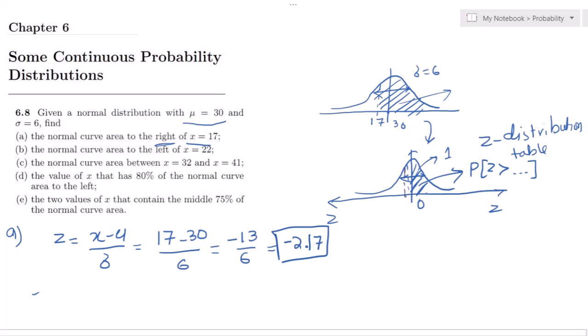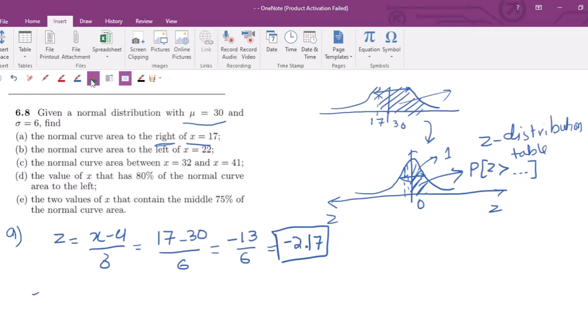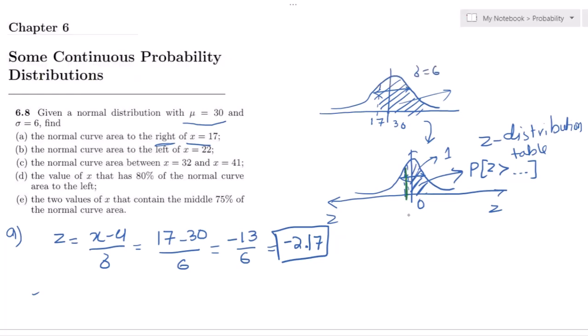Now this is the value of z. Let me use another color for it. It is minus 2.17, and according to the statement, we have to find this area which is to the right of it, so z is greater than minus 2.17.